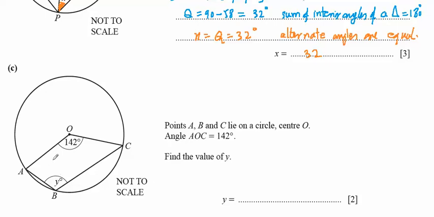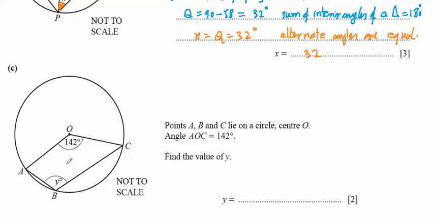You have to use some property of circles or some other geometric property to find the angle. Okay, now here A, B, C lie on the circle, so these three points lie on the circle, and O is the center of the circle. Angle AOB is given a numeric value 142, and we have to find the value of y, which is this angle.